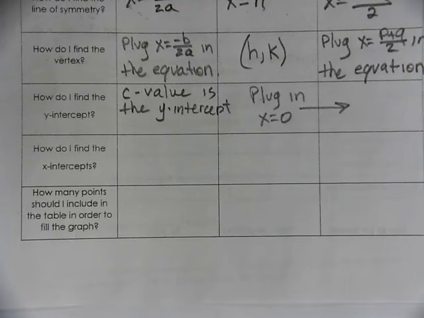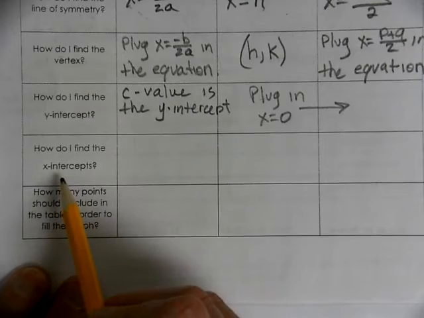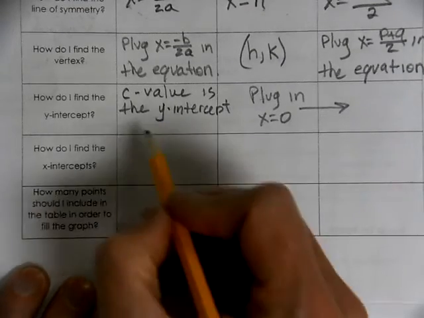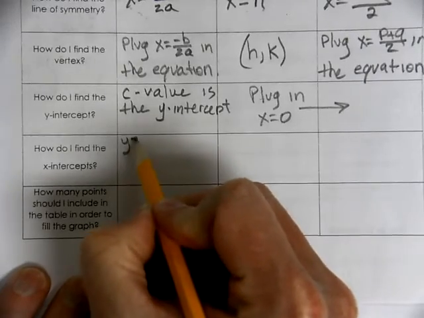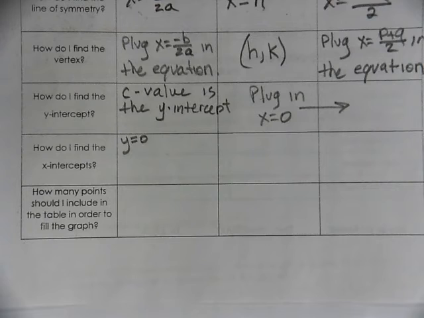All right, now we haven't really learned this part, but how do we find x-intercepts? What would it mean to be x-intercepts? So for us to find the x-intercepts in standard form, we're of course going to set y to 0 because that's your x-axis.